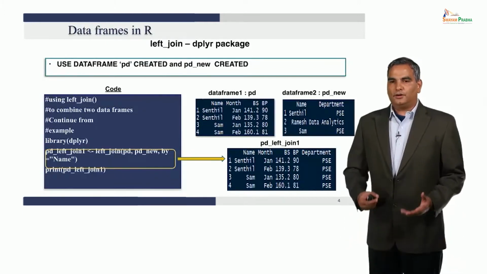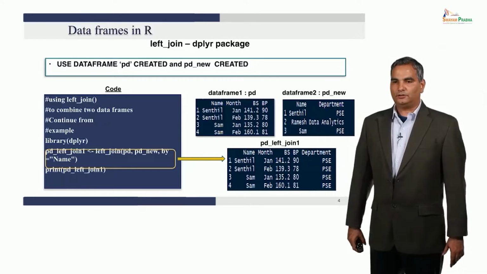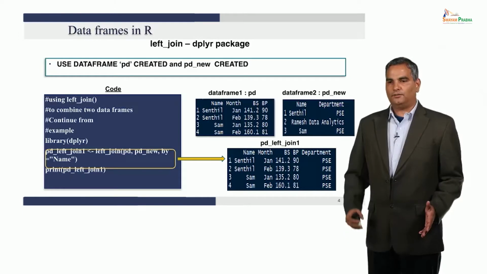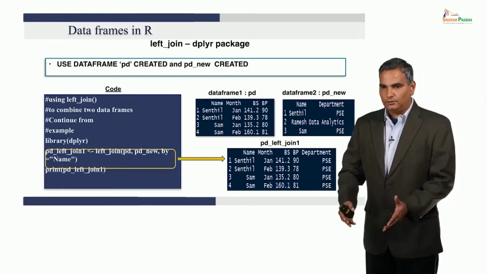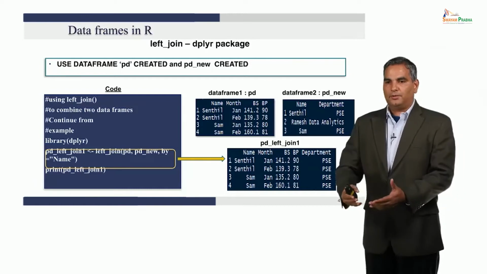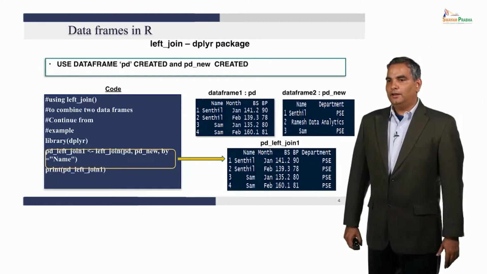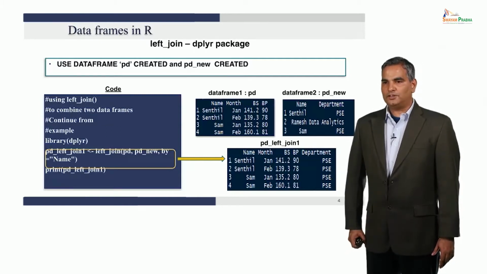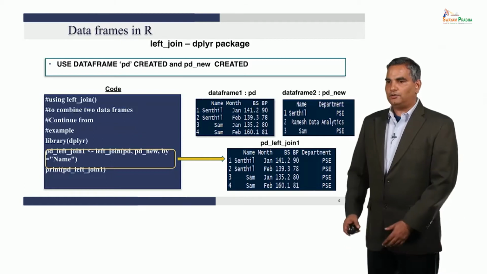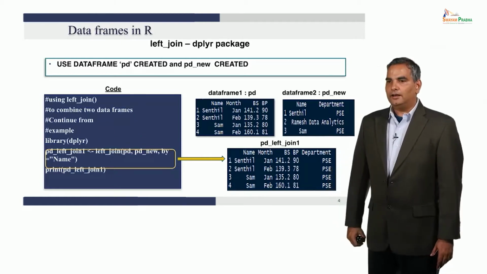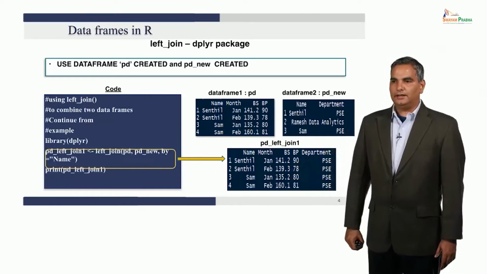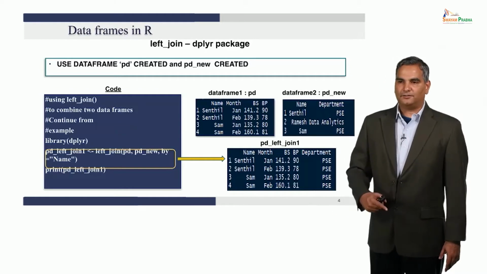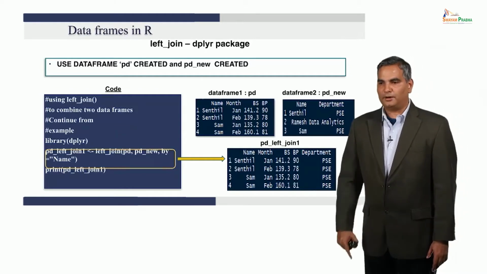So we first look at the left join command. The syntax is simple: left join whatever data frame you want to join with whatever data frame. So this is PD and PD new. And how are you going to join them? It's by name, is what we are saying here. When we look at this, data frame 1 has names Senthil and Sam, and corresponding to Senthil and Sam, I can see corresponding information in data frame 2. But when it comes to Ramesh, I don't have corresponding information for Ramesh in data frame 1, which is blood sugar and blood pressure.